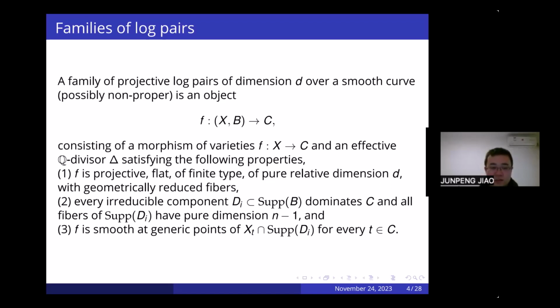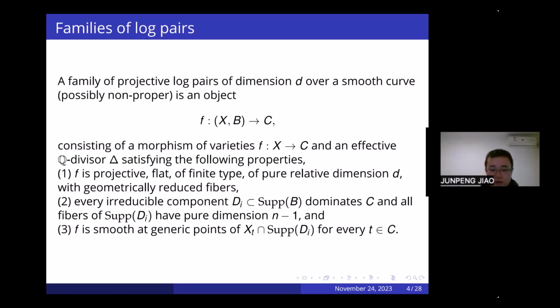First, f needs to be projective, flat, of finite type, and of pure relative dimension d, with geometrically reduced fibers. This is the same definition as for a family of projective varieties. And for the boundary part, for the divisor B, we need every irreducible component of the divisor to dominate C, and all fibers to have pure dimension d minus 1.